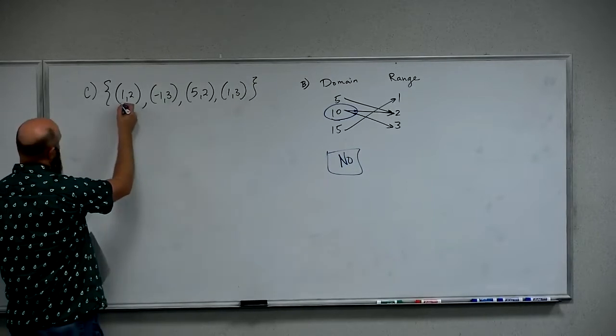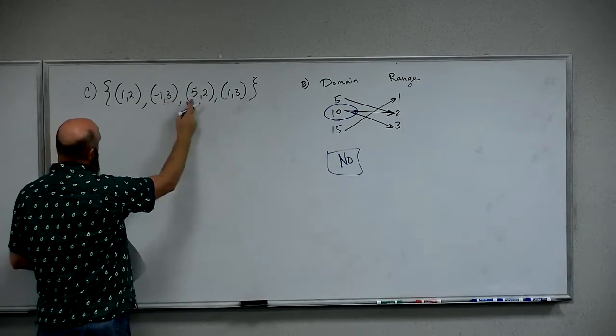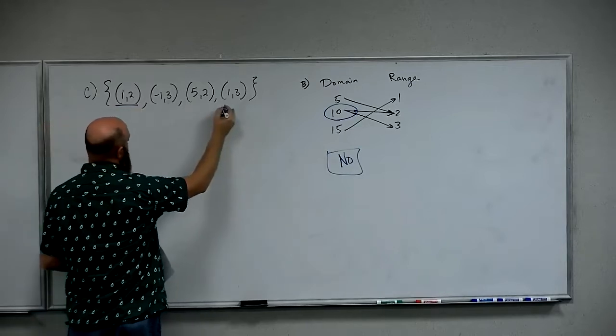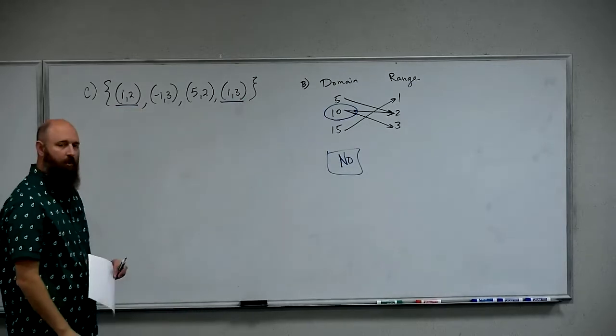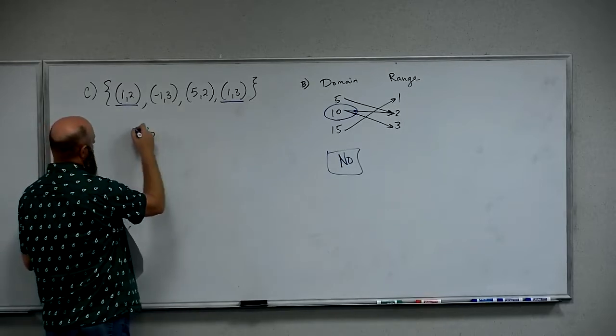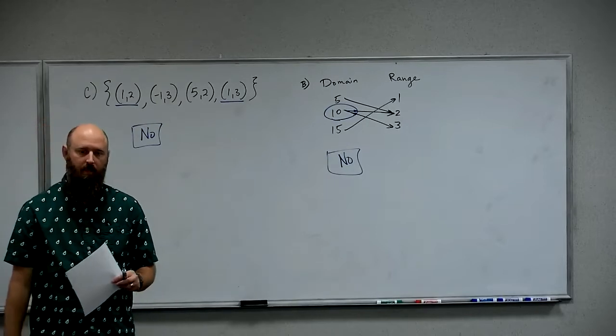All right, so we have 1, 2, -1, 5, 1. Well, I've already seen 1 before. 1 went to 2, and now 1's trying to go to 3. So that tells me, no, not a function for those. Okay, because of that.